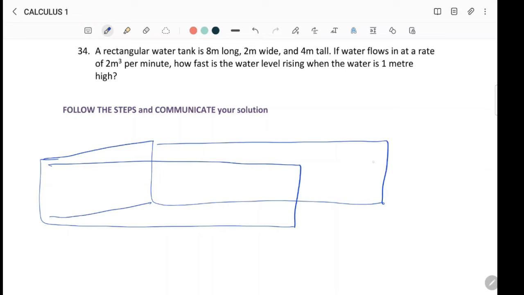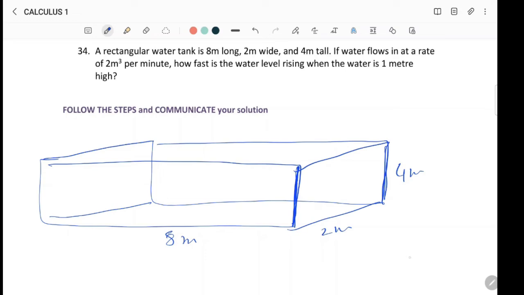This is the water tank. A rectangular water tank is 8 meter long, 2 meter wide, and this is 4 meter tall. Total height is 4, so here I am considering the total height is 4. If the water flows in, water is coming inside at 2 meter cube per minute.